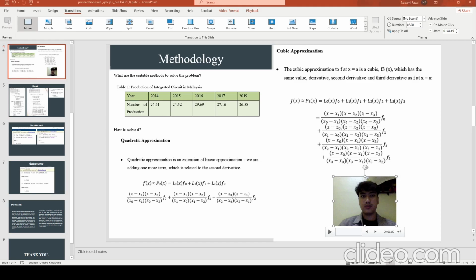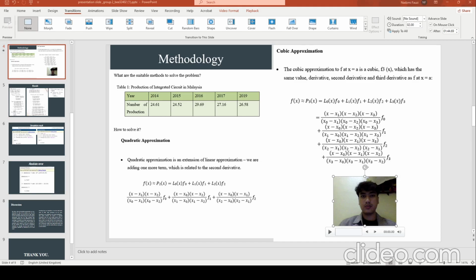What is methodology? Methodology is a system of methods used in a particular area of study or activity. Today I will present the methods which can solve this project. First of all, we have to use quadratic approximation.